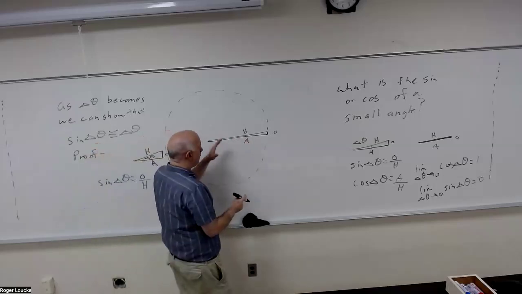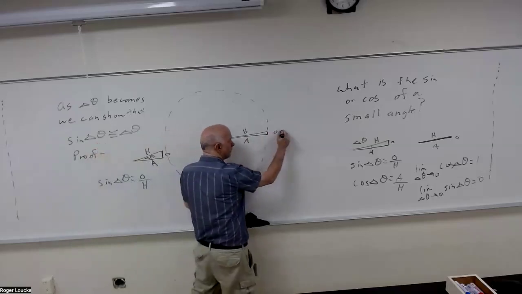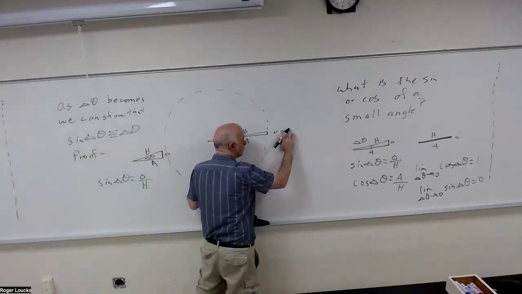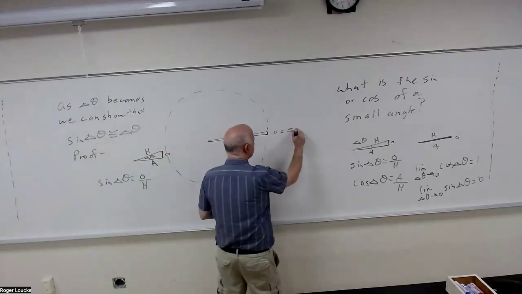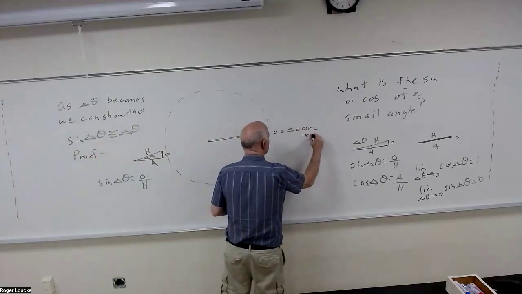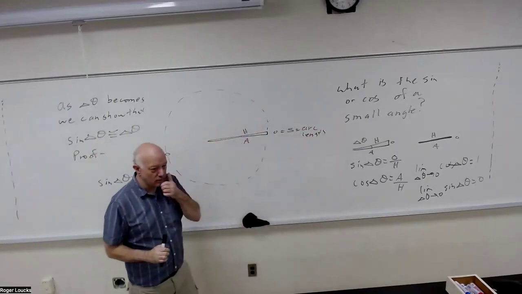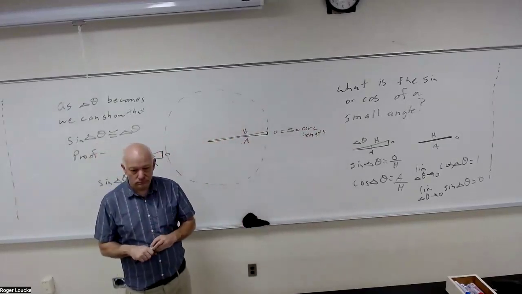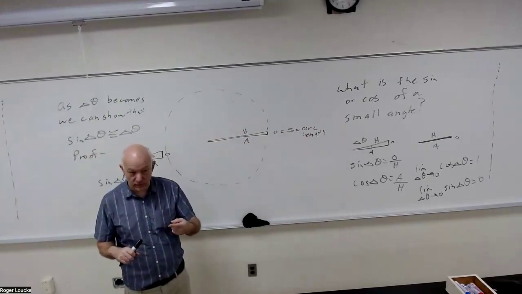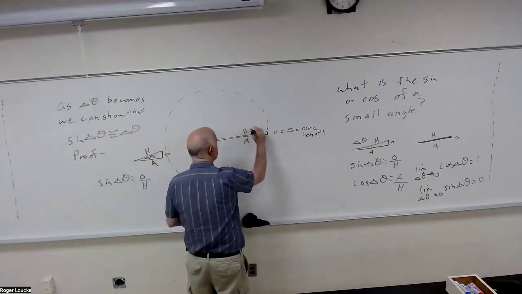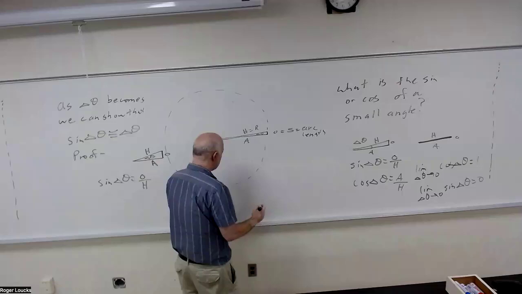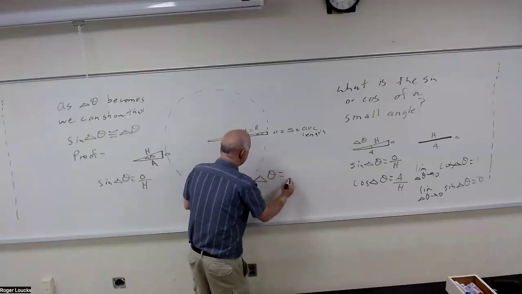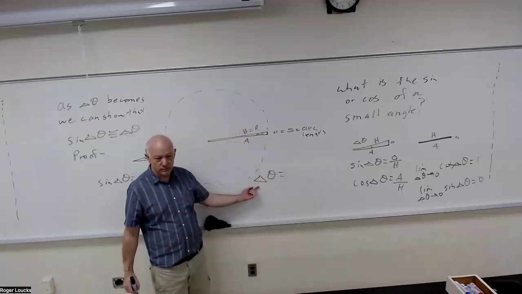What is this going to become then? This is going to start looking like my arc length. What's my hypotenuse going to look like? My adjacent, or the radius. And here's my little delta theta. So what do I know about the definition of the angle? The angle is what, by definition?